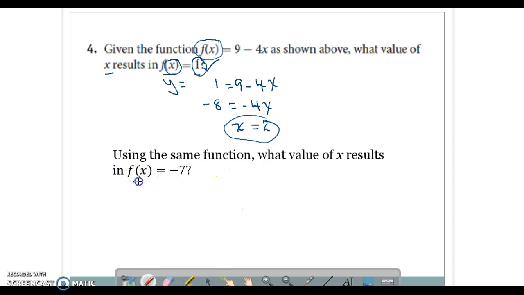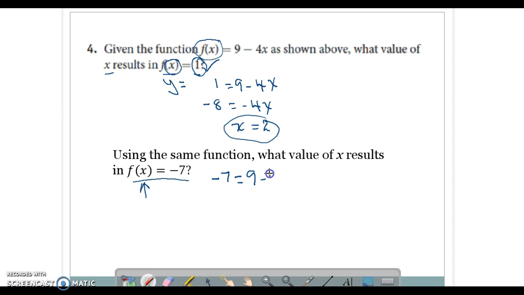This one, they want me to know what value of x would give me f of x equals negative 7. Once again, they're not saying that x is negative 7, they're saying f of x equals negative 7. If they wanted me to know what x was, they would have replaced the x value here. But they didn't. They said f of x equals negative 7. They're saying after you plug in a number, you will get an output of negative 7.